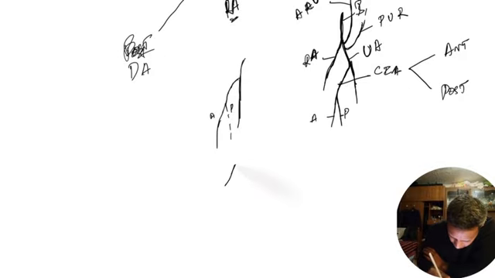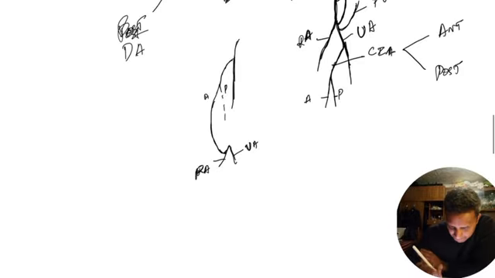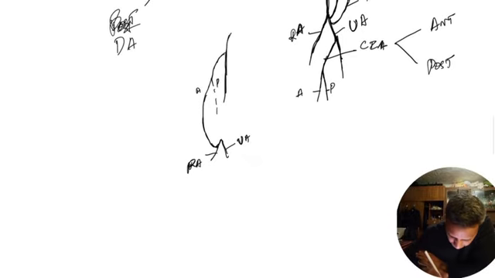Now let's say this is your ulnar artery and this is your radial artery, right? So you have a radial recurrent joining your anterior descending artery, right?